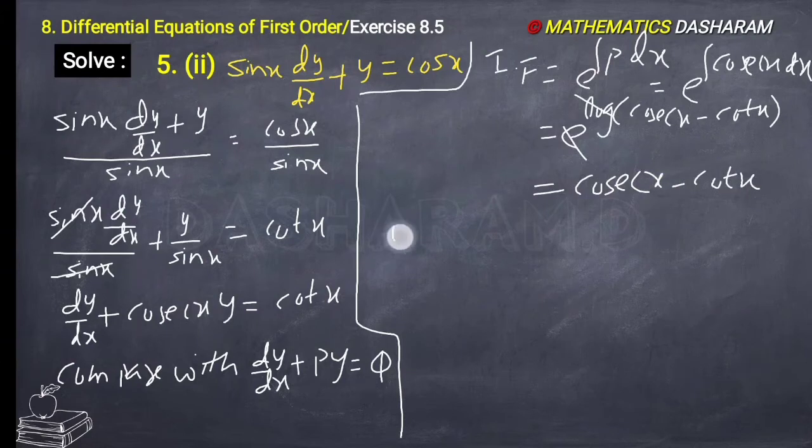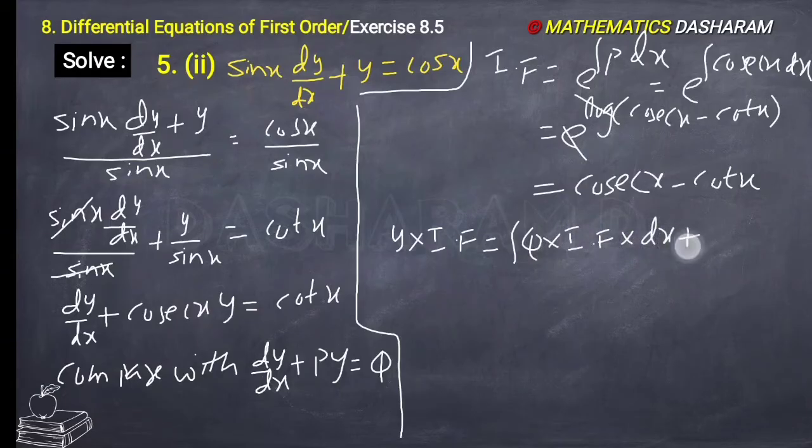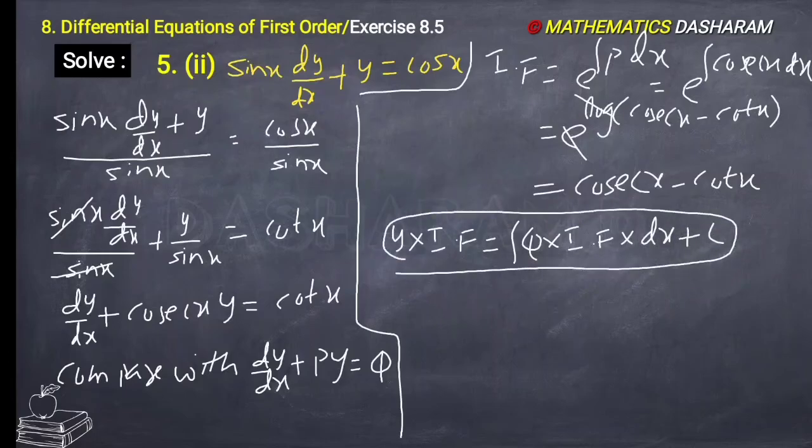Now the solution is y into integrating factor equals to integration q into integrating factor dx plus c. So here y into integrating factor is cosec x minus cot x. It is equals to integration q, here cot x is q.